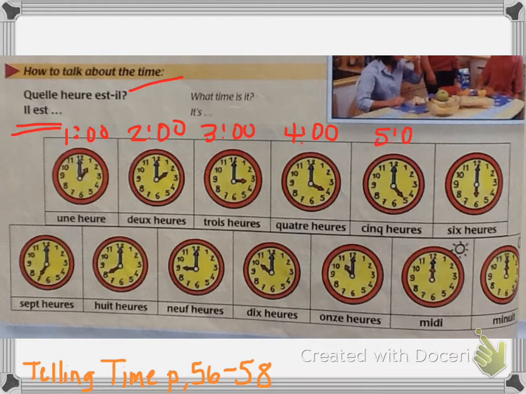Okay, here's 5, 6, 7, 8, 9, 10 o'clock, 11. And then for 12 o'clock, this is really noon, and this is midnight.